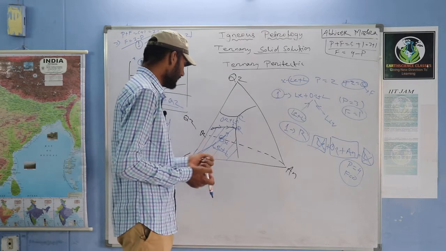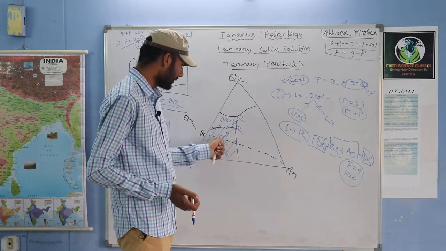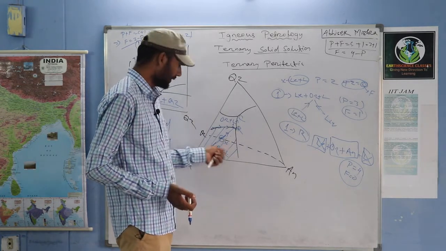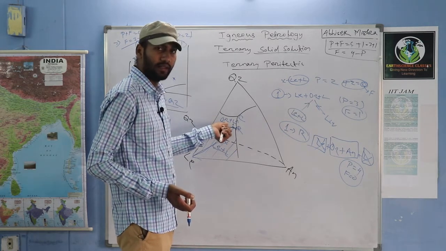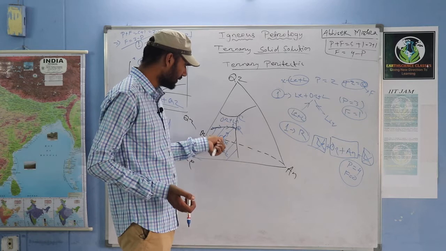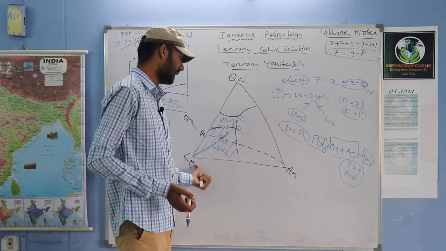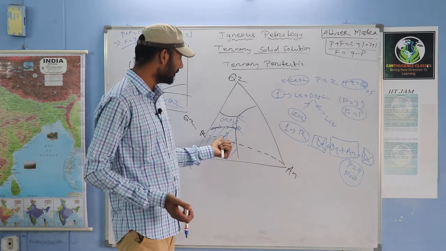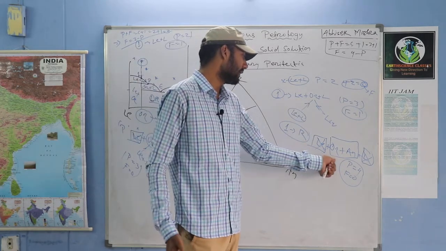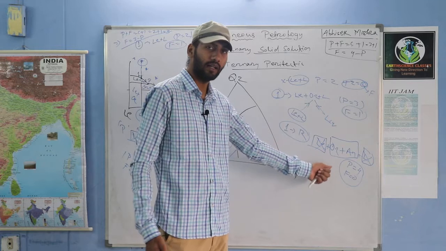Why? Because we have taken this composition in this field, this is not the field of orthoclase, right? The orthoclase field is here. We have taken this composition in the field of what? Leucite, in the field of leucite. But in the final composition you are getting orthoclase plus anorthite. You are not getting leucite.